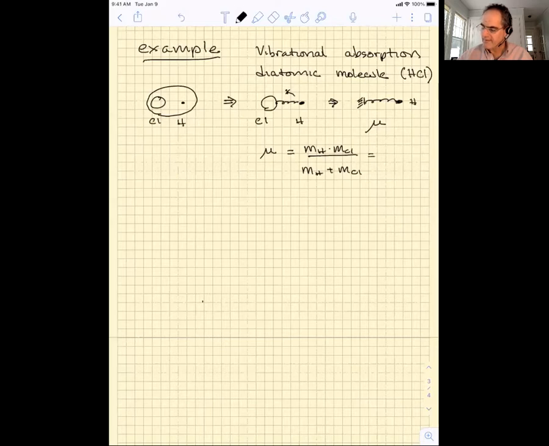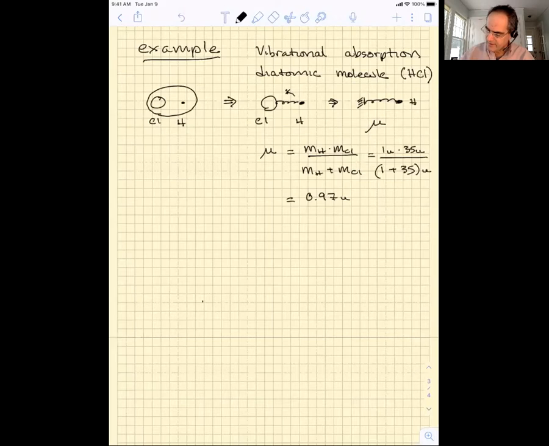So for example, the mass of the hydrogen is about 1 atomic unit, the mass of the chlorine is about 35 atomic units, and then we divide this by 1 plus 35 atomic units to get approximately 0.97 atomic units. Not so bad.